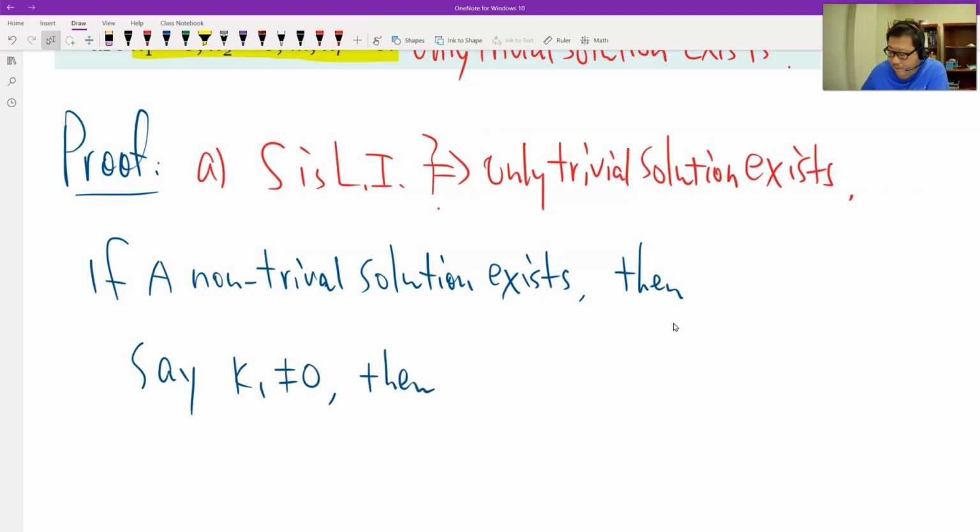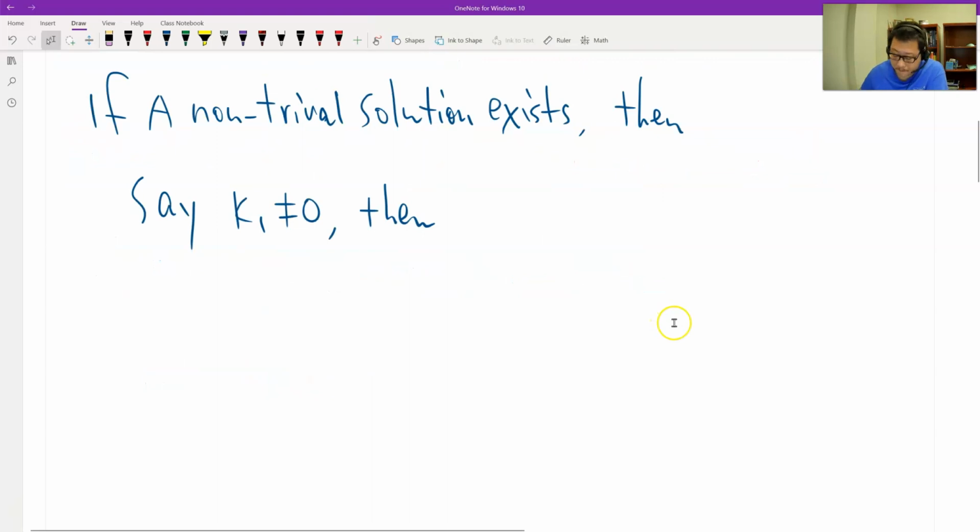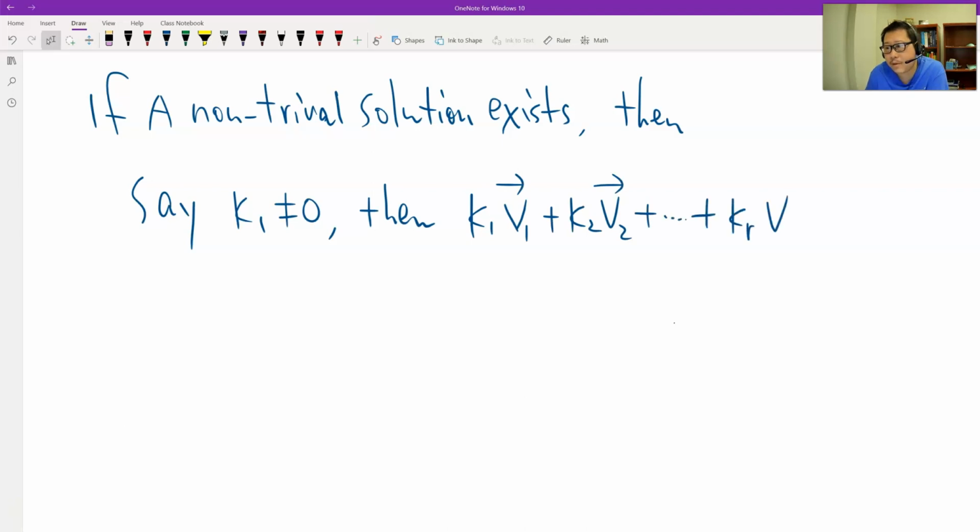And then we will have k1 v1 plus k2 v2 and so on. Suppose k1, k2, up to kr is a solution.